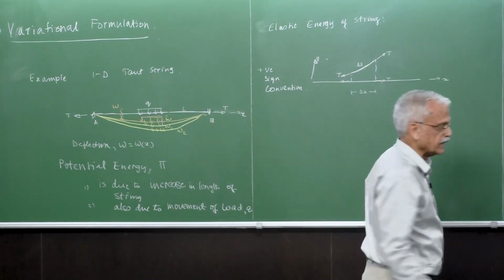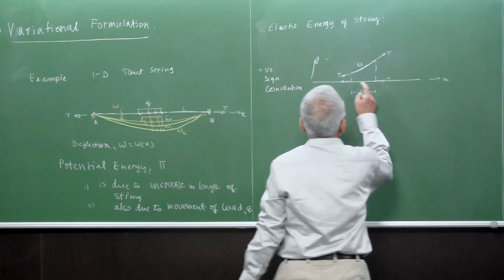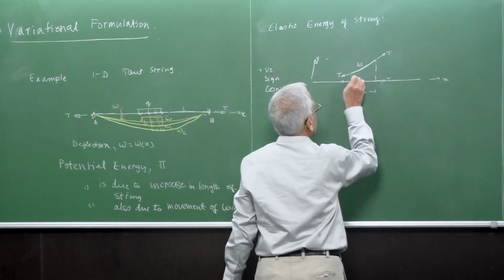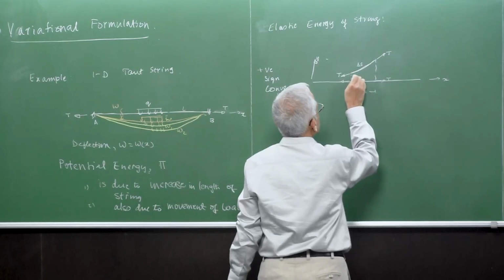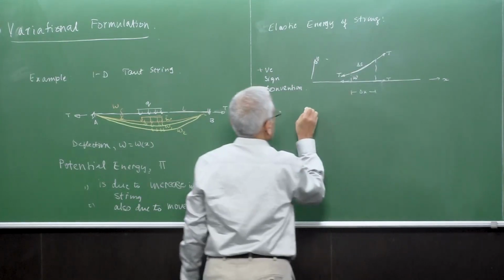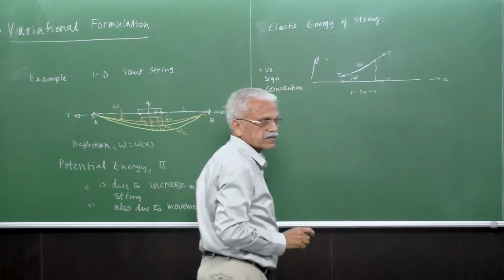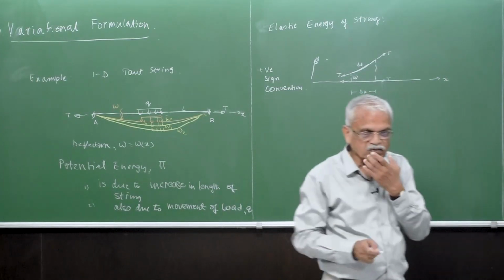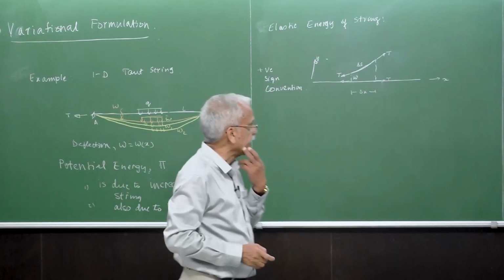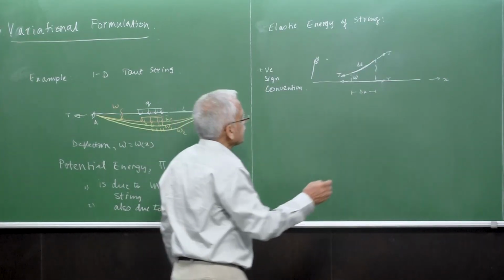And here this is W, and W in the upward direction is considered to be positive. W is a function, the deflection, so we call upward as positive. So let us just see here the new change.